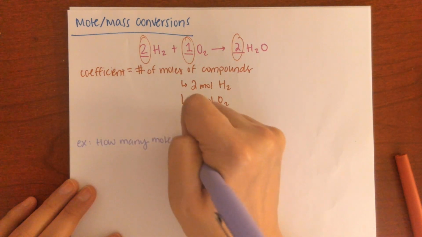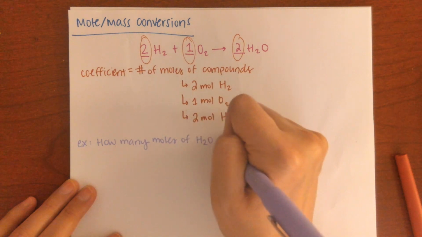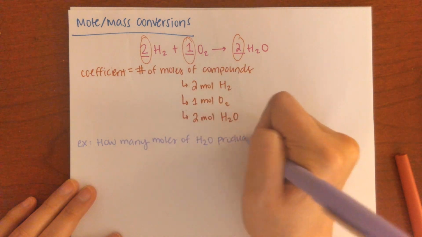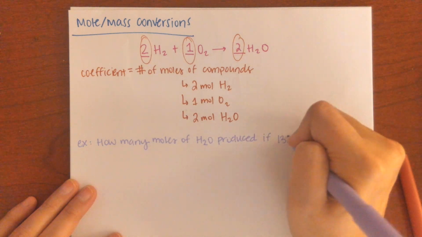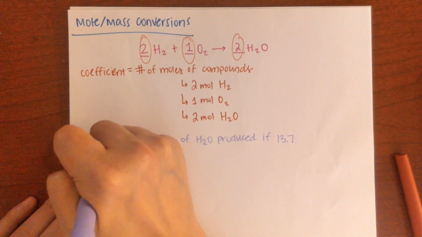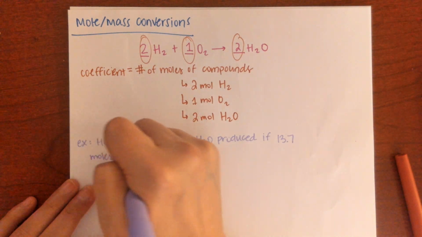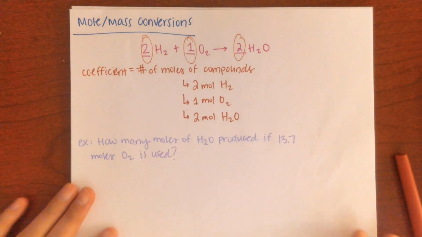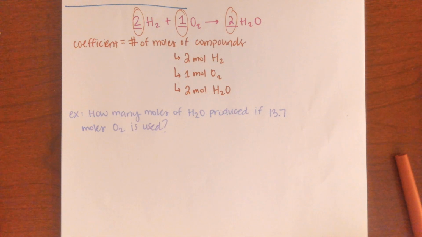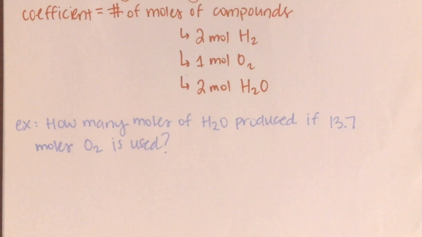How many moles of H2O is produced if 13.7 moles O2 is used? So this is a mole to mole conversion, so this is a 1-step.